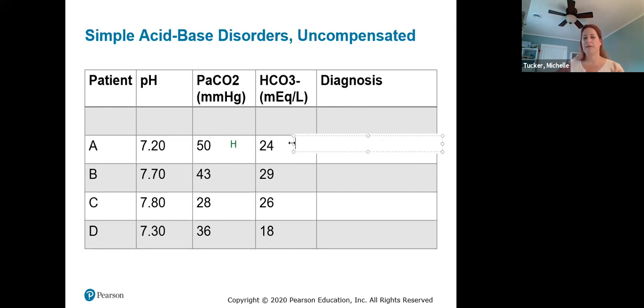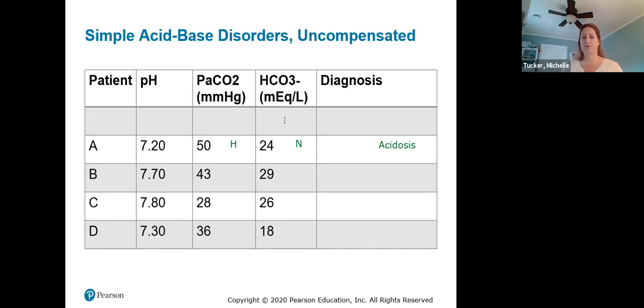So in a simple one that's uncompensated, we're just going to have one that's off. So I'm just going to put N for normal. I usually put a check if I'm doing this by hand, but for now I'll put normal. So then the diagnosis is either respiratory acidosis or metabolic acidosis.